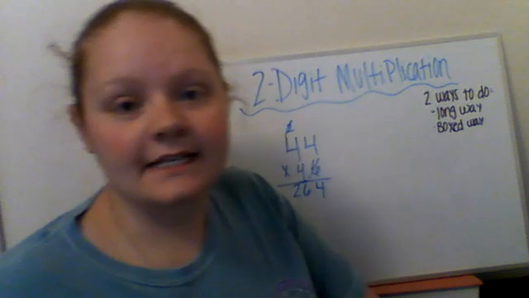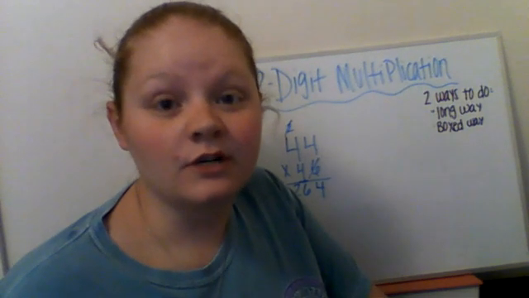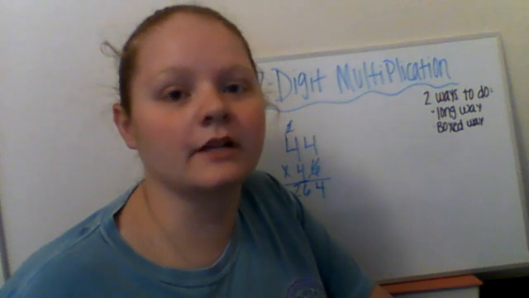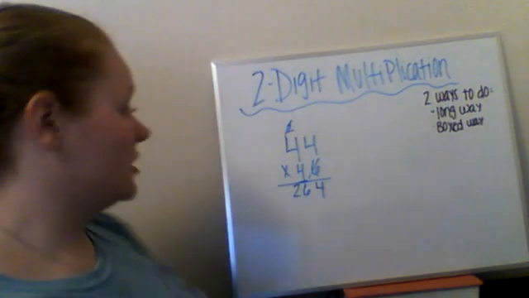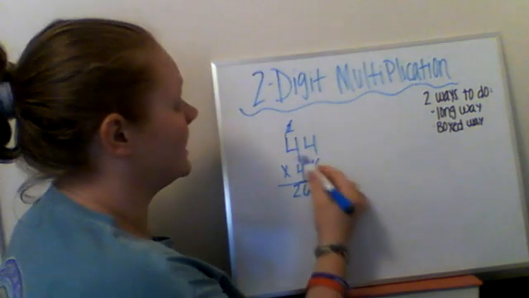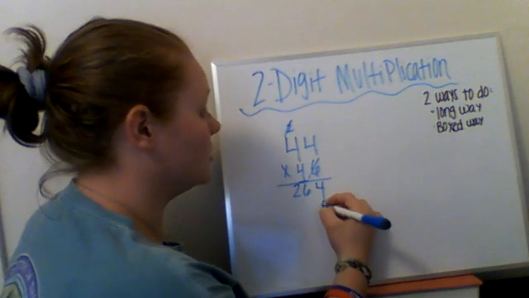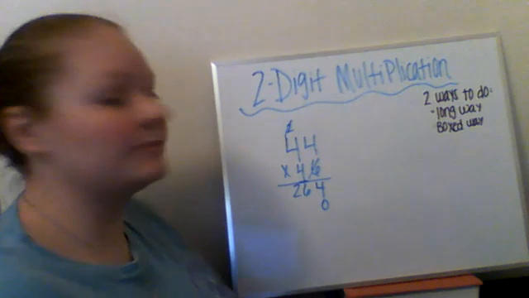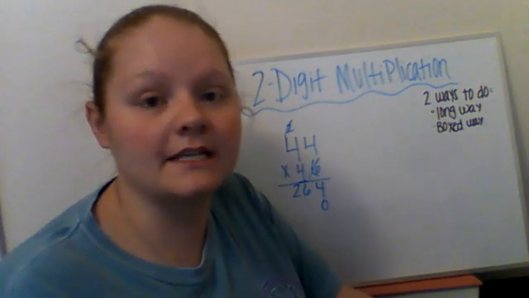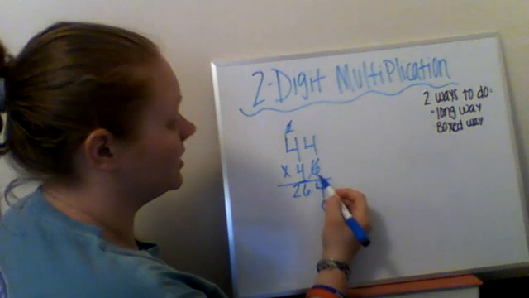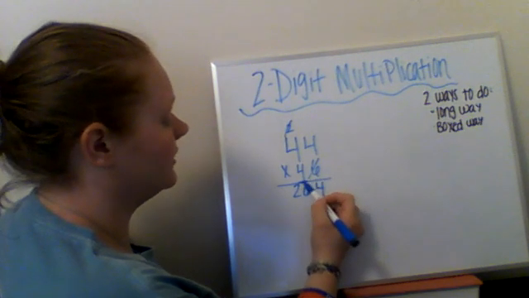This next step is very crucial to the standard way to do multiplication. If you miss this step, you're going to miss the problem. Before I can start multiplying the 44 by 40, I need to put a place value 0 right here, holding that place value for ones. Because now we're not going to deal with the ones place value, we're dealing with tens.